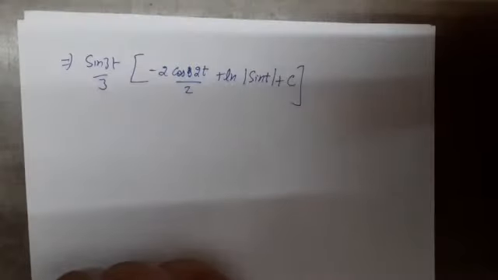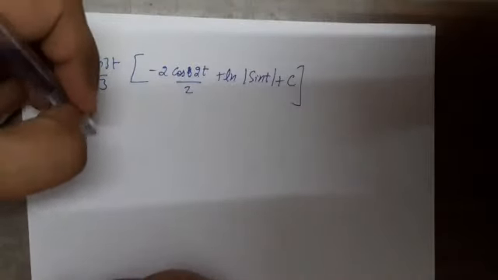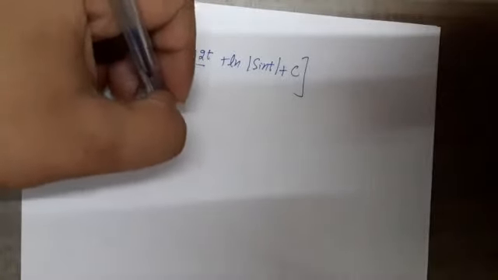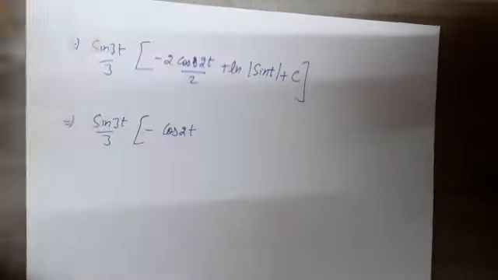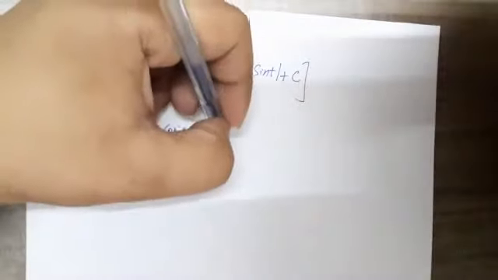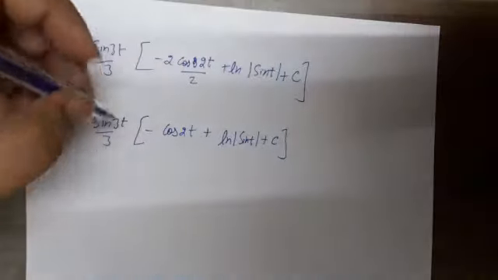Now we have integrated it, and c is the constant of integration, so it will be sin 3t by 3 times (minus, as the 2 will get cancelled, cos 2t plus ln sin t) plus c.